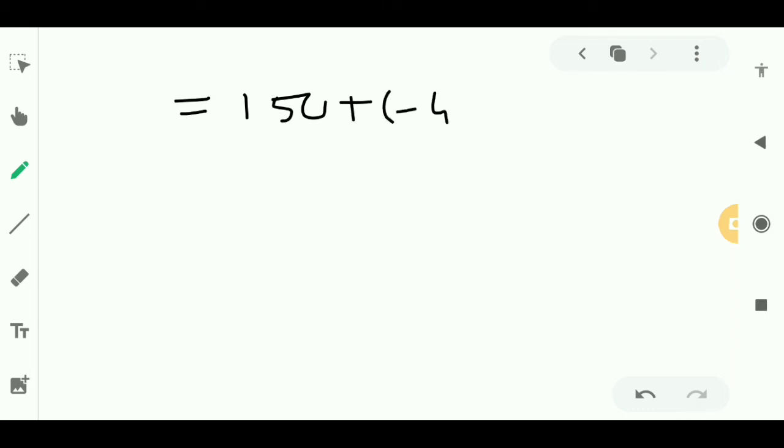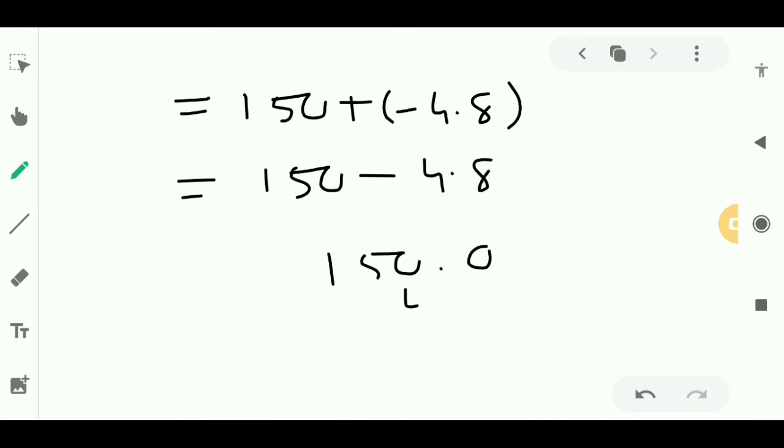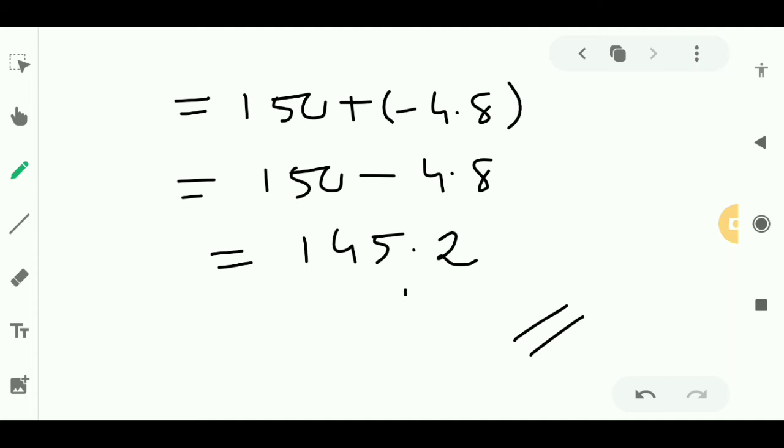Plus and minus gives minus, so 150 minus 4.8. Now we subtract and get the answer: 145.2. So 145.2 will be the answer. This type of method is called the assume mean method.